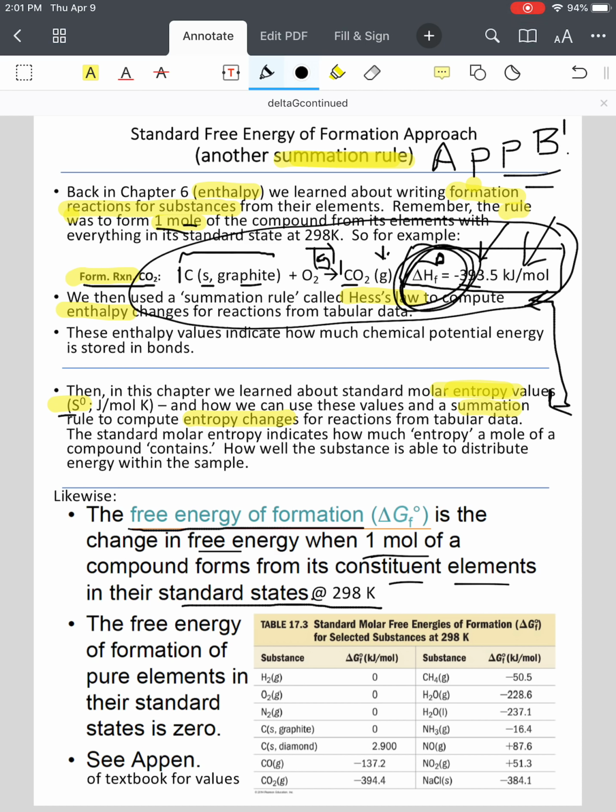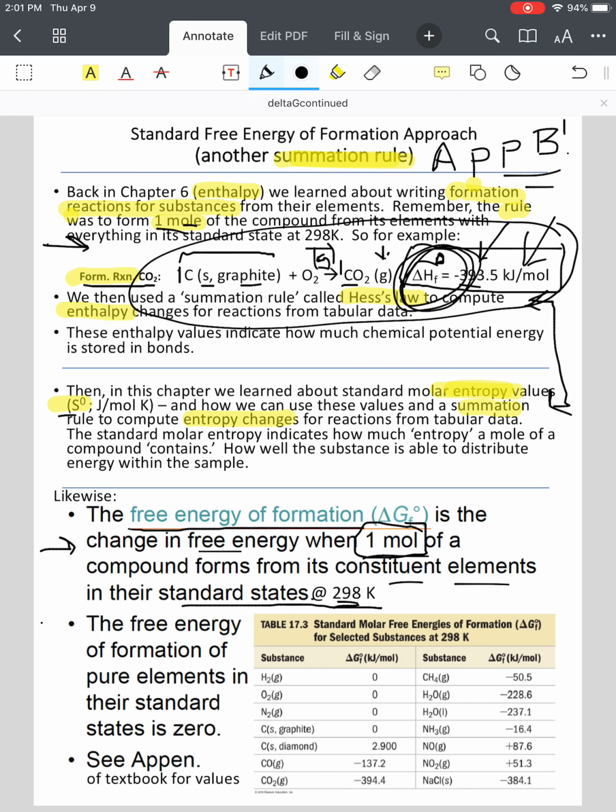So the definition for this one is almost the same as what we saw up here, right? We write a formation reaction, we make a particular compound, we specify the formation of 1 mole of that compound, and all we're doing is tracking the delta G instead of the delta H, say for instance. Still got to work at our standard conditions, right?